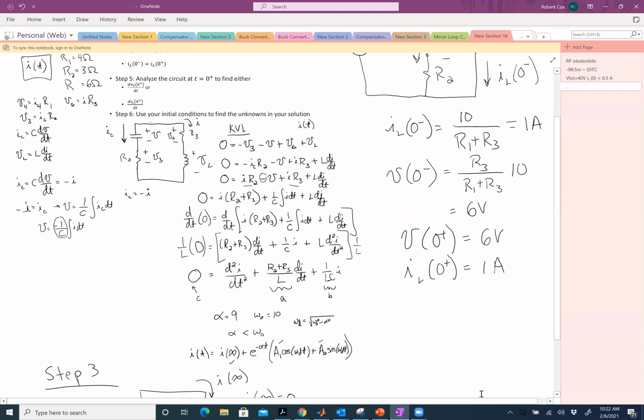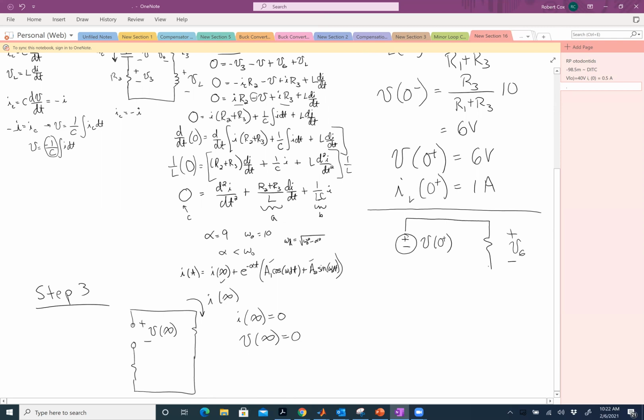So if that's the case, I have V of 0 plus. I have a resistor, which we define to have a voltage V6 like this. And the inductor is here, so we say this guy has IL of 0 plus.